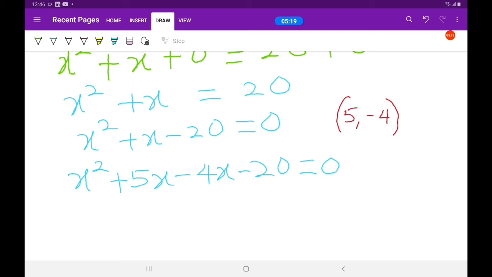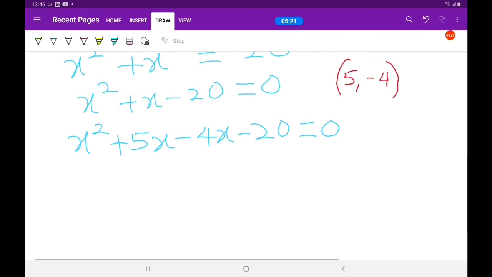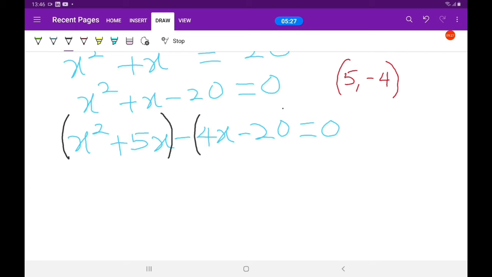Very good. So we can now factorize this out. And how do we do that? We have this, then we have this. Now, what do you think is common here? x is common, so we have x. x in x squared will give us x. And x in 5x will give us 5. Very good. And negative 4 is common here.